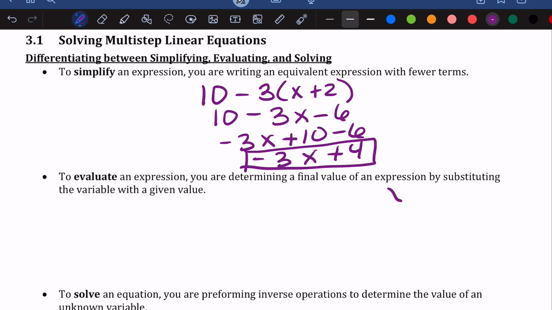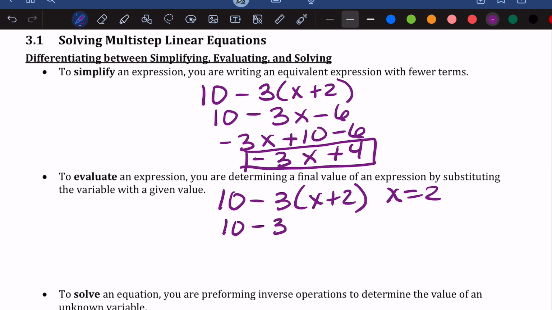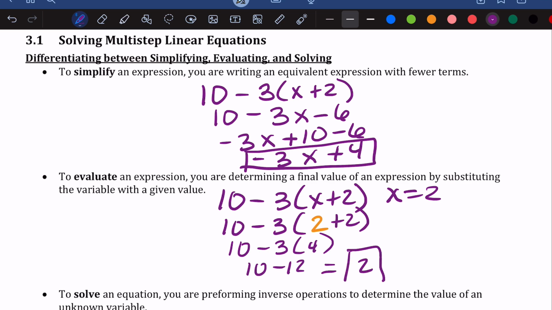And in this case, let's say x is 2. I'm going to use the same expression. And since x is 2, if I replace x with the number 2, I can actually now use the order of operations and solve to get a final answer. And in this case, it happens to be 2.